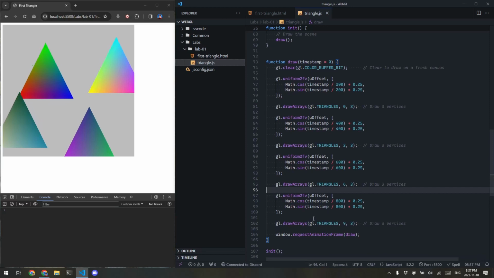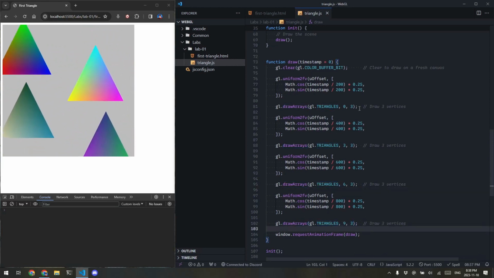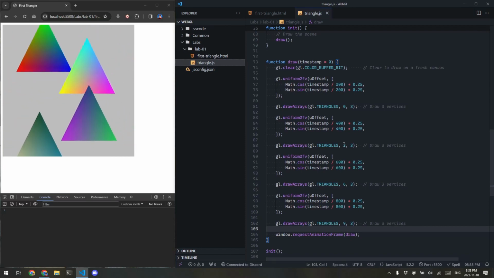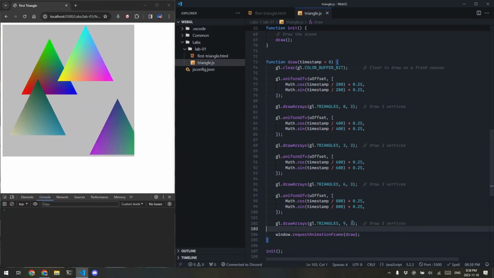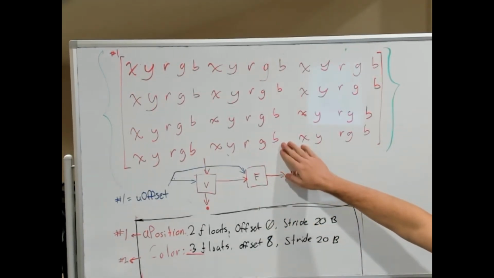We are drawing all 4 of our triangles with 3 vertices starting at 0, 3 starting at 3, 3 starting at 6, and 3 starting at 9. Again, whenever you're doing this work, picture your buffers in your head.